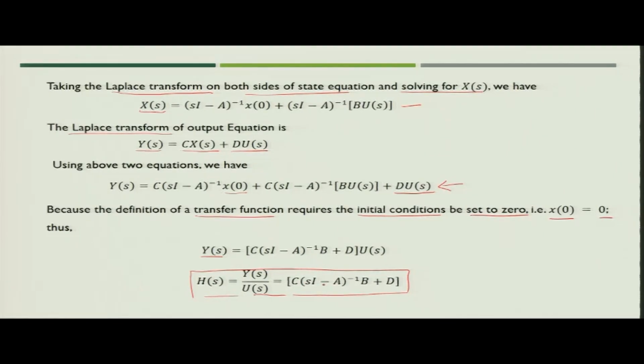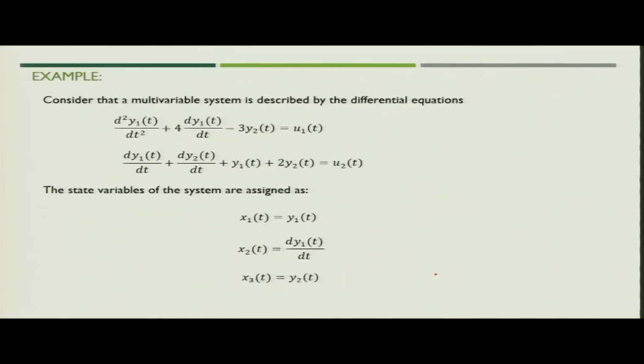So, if you are given the state equations where you can find out the A, B, C, D coefficient matrices, you can simply calculate the transfer function of the system.